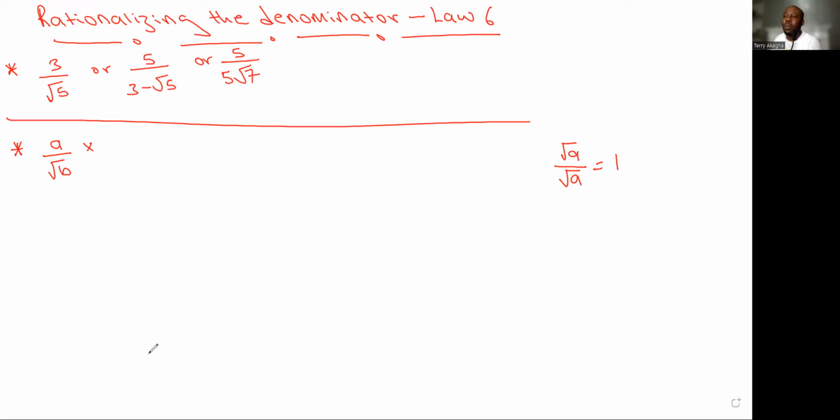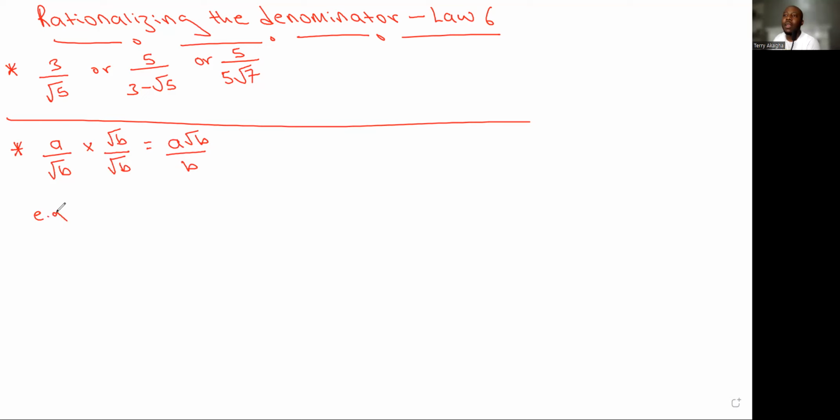Because of that concept, we multiply the top and the bottom by the surd here. So we have root b over root b, and that will give us a root b over what? b. Is that making sense? So a times root b gives a root b, and root b times root b gives what? b. Is that okay?